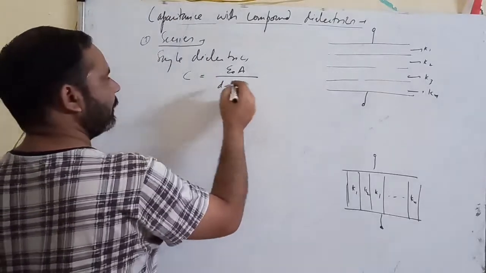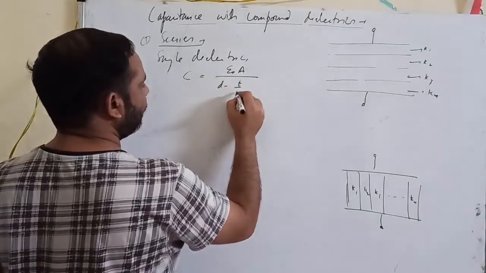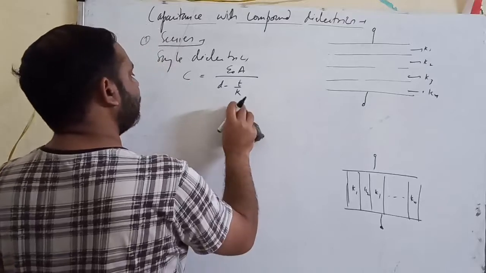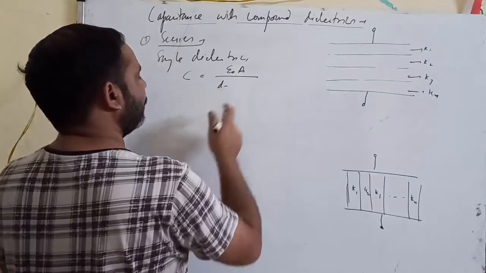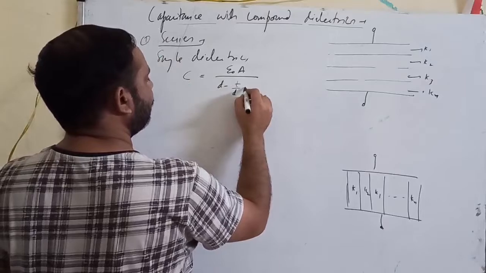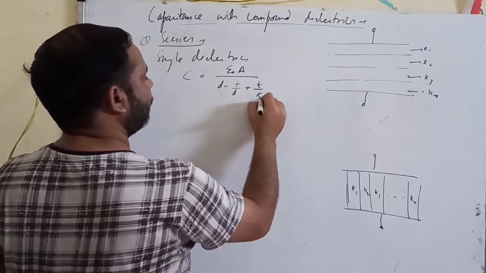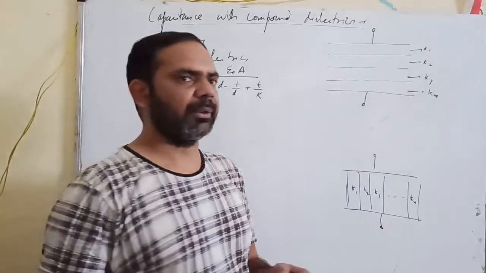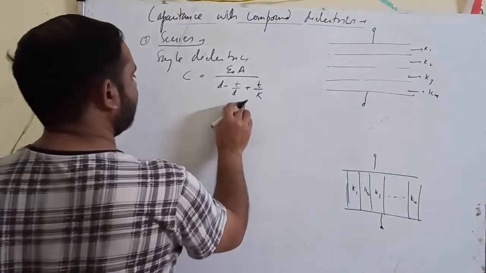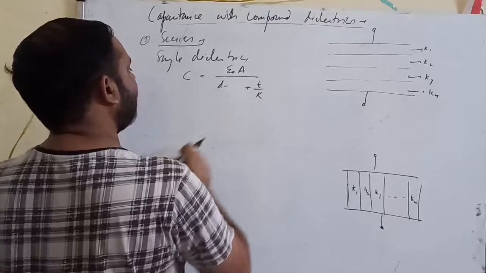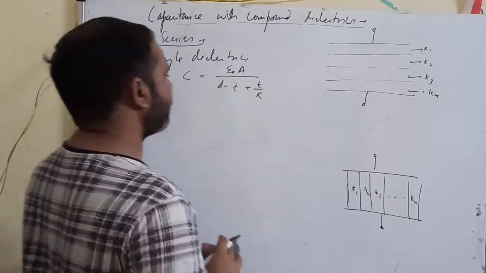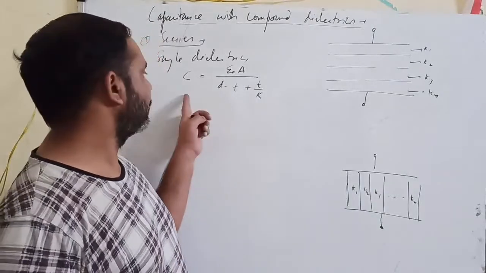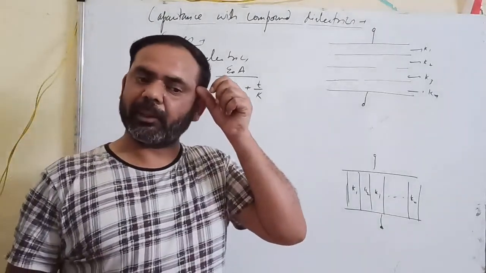The formula was D minus T plus T upon K. Yes, it was like this: D minus T plus T upon K. So we obtained this formula just now, that C will be equal to epsilon naught A upon D minus T plus T upon K.